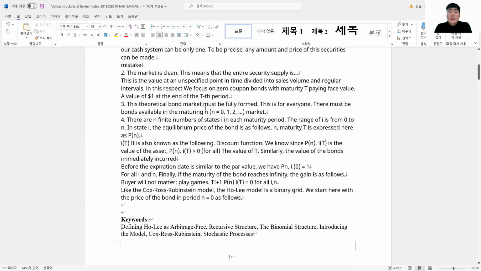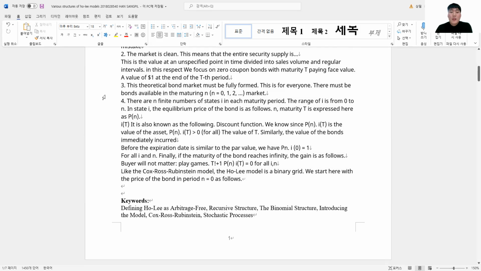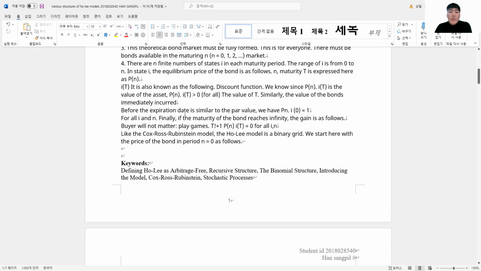Second, the market is clean. This means that the entire security supply is, the value at an unspecified point in time, divided into sales volume and regular intervals. In this respect, we focus on a zero coupon bond with maturity T paying face value.